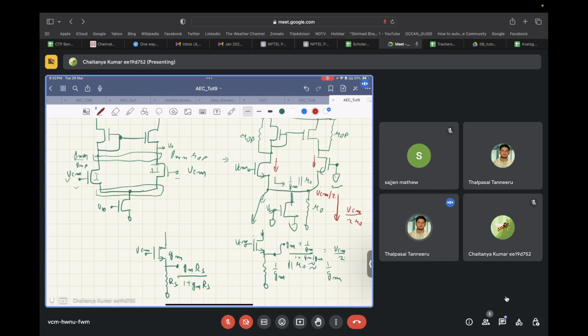See, looking in from here, this impedance and this impedance are exactly equal. So the current VCM by 2 R naught will be equally divided between the two branches.